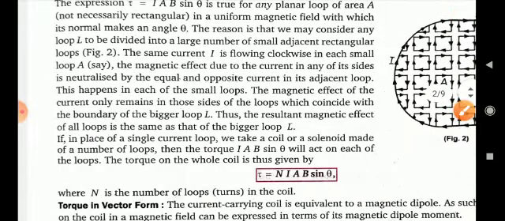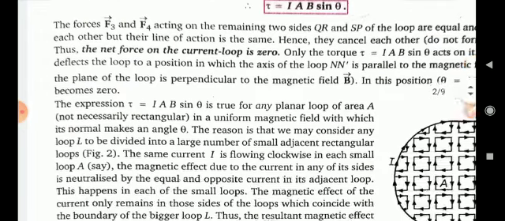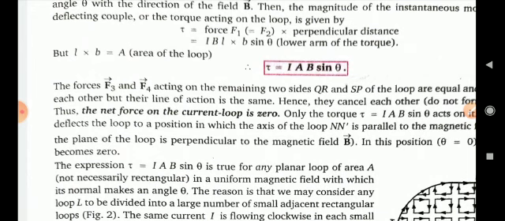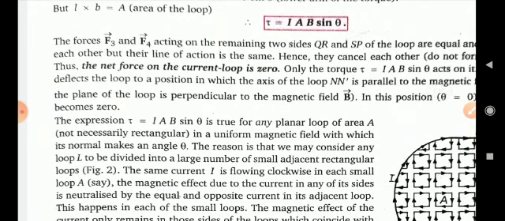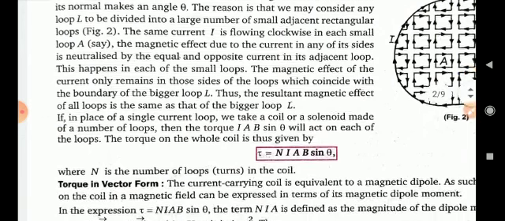Listen children, if I consider n loops, then the number of loops is put in this torque. The expression torque IAB sin theta is true for any planar loop of area A in a uniform magnetic field B whose normal makes an angle theta. Children, if in place of a single current loop we take a coil or solenoid made of n loops, then the torque IAB sin theta will act on each loop.